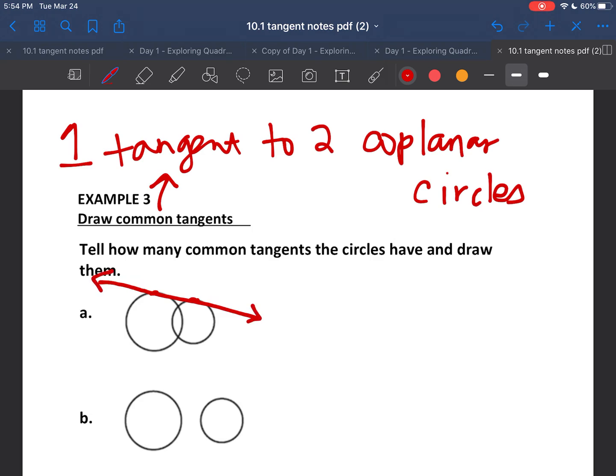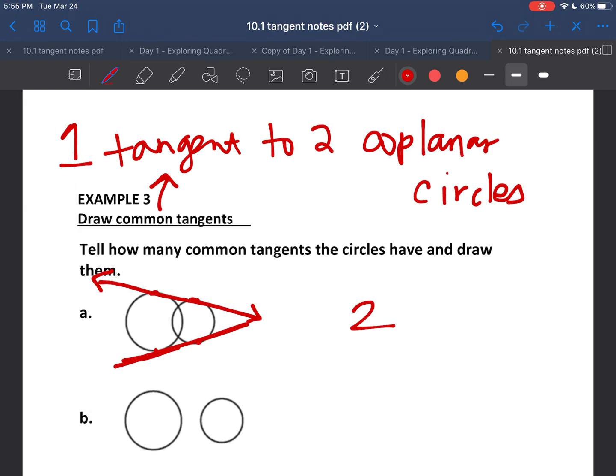So I can draw one there. I could do the same thing along the bottom. So my second one could be right there. But that's as many as I can do, because if I try to do one over here, I've only touched one circle. Same thing here, I would only touch one. I also can't go like this because I've gone through the circles and I've really drawn secants for both of them. Okay, so this would only have 2.